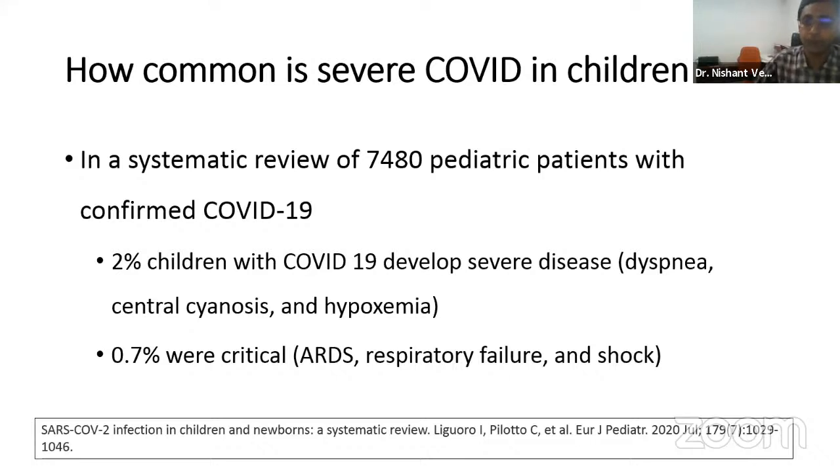So in children, the chance of developing severe disease is less, and only 0.7% develop critical disease, which would mean ARDS, respiratory failure, or shock requiring ICU care. In adults with COVID, around 5% require ICU care, but in children, only around 0.7% require ICU care.